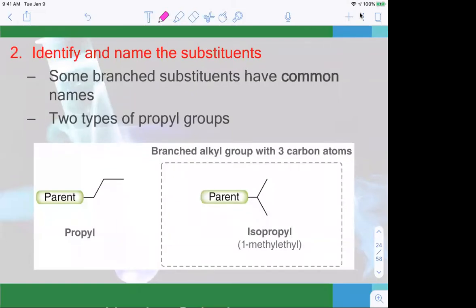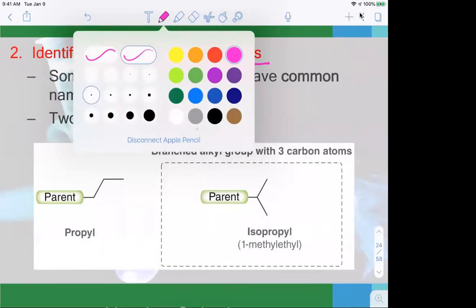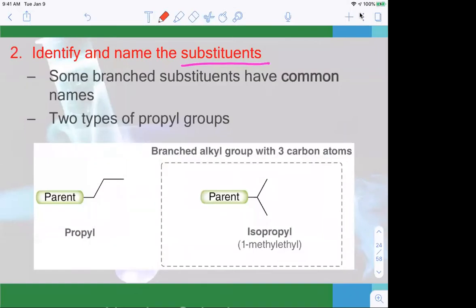Now, some of the substituents have common names, especially if I only have 1, 2, 3, or 4 carbons in the chain. So there are 2 different types of propyl groups based on branching. I have this straight chain, or I have this branched, right?